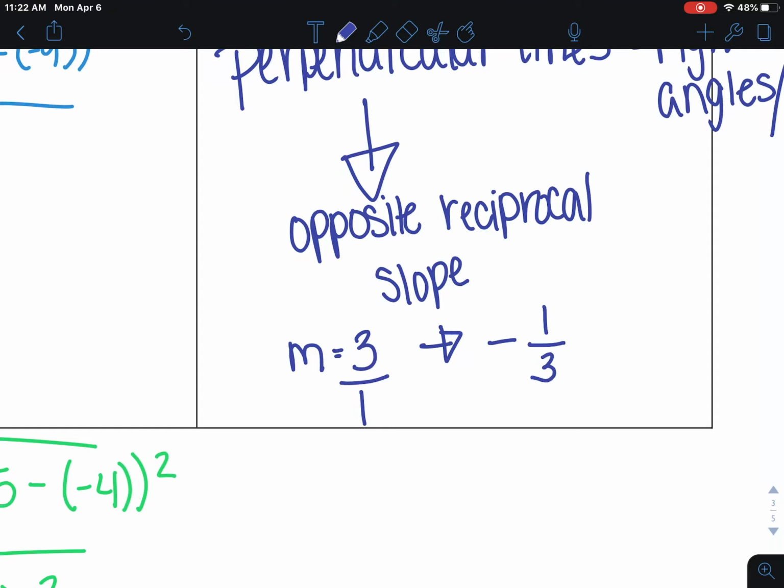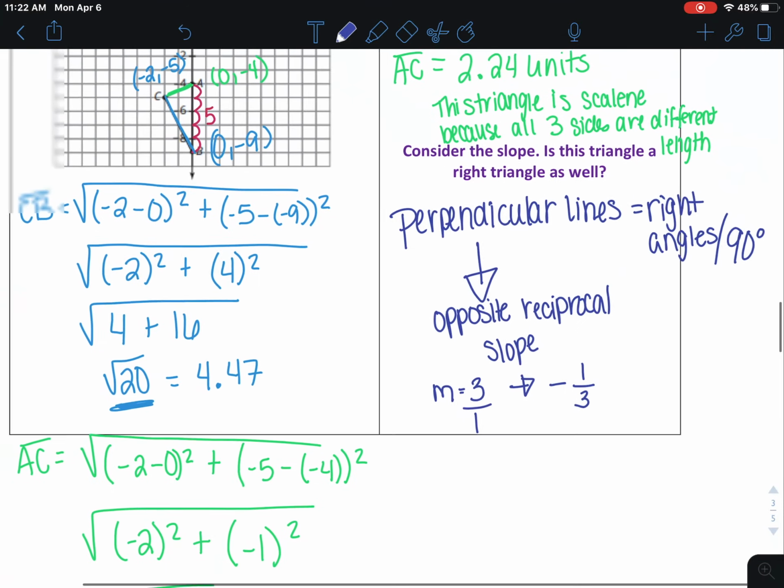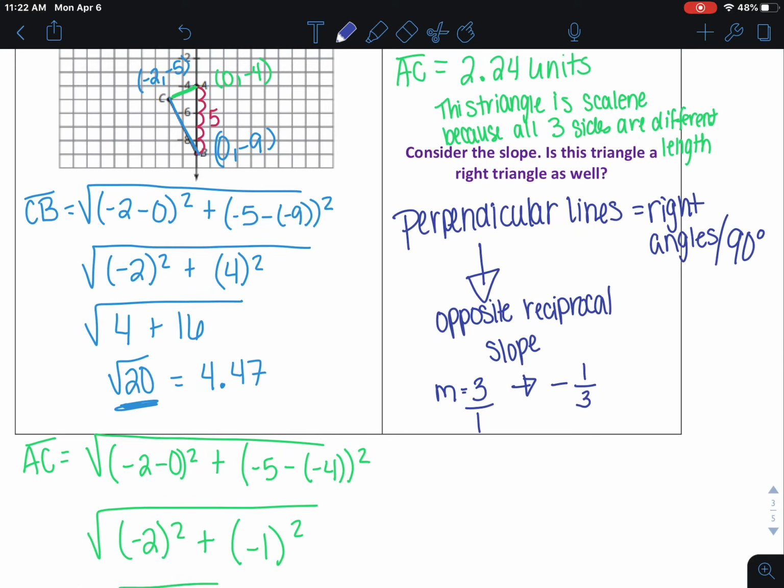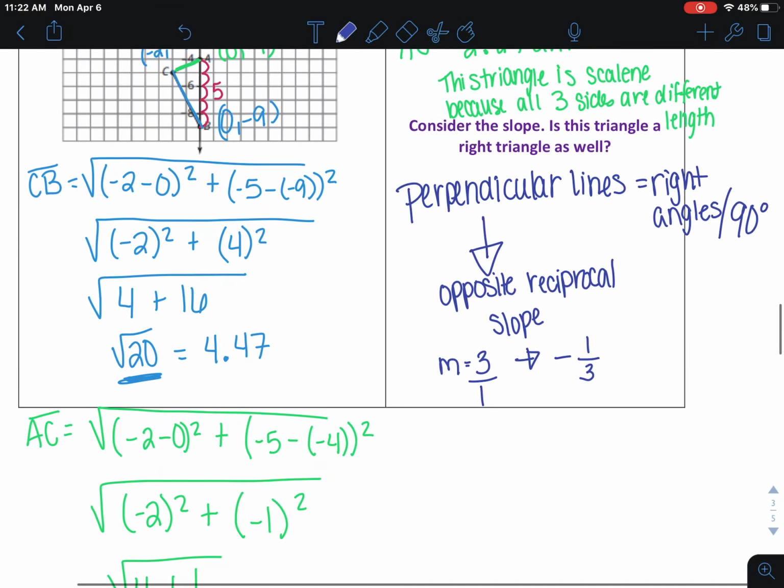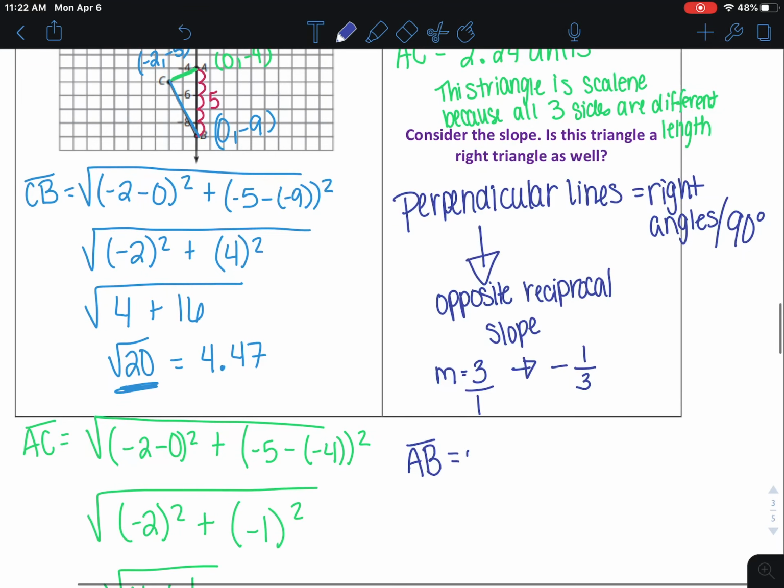All right, so let's look at the slopes for this particular triangle and see if we have any opposite reciprocal slopes. If we do, that means that we have perpendicular lines and right angles. Okay, so let's see. The slope of AB is actually undefined. It's a line going up and down, so there is no slope there.